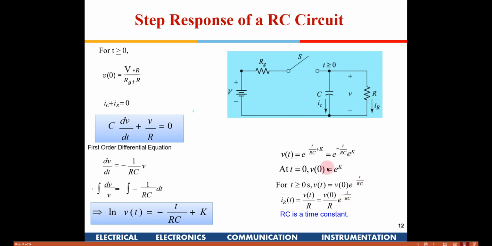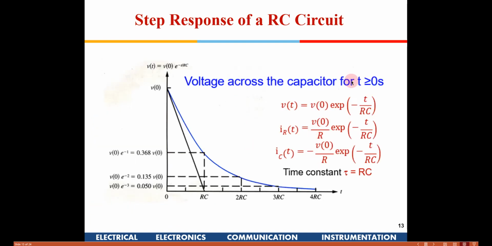Then we do the integration, because it's a first order equation, and find the value of the constant by using the initial conditions. So this is how we solve the response of RC circuits. The voltage across the capacitor, we know, will fall exponentially, and the time constant will be RC.